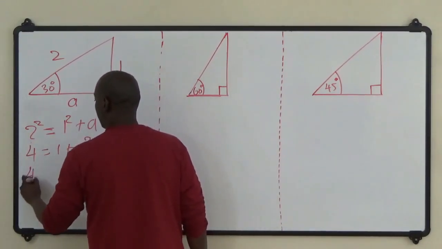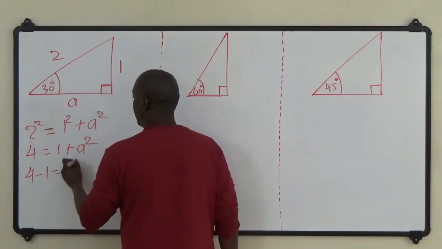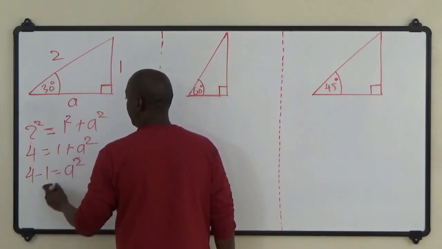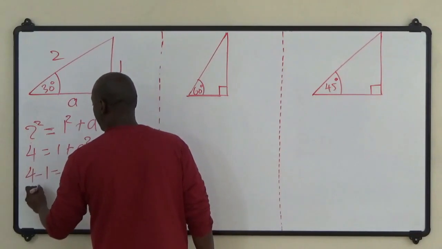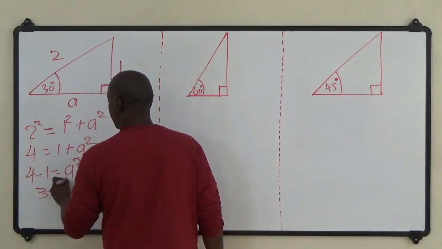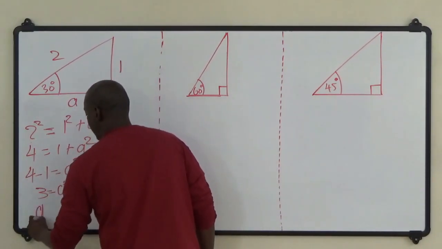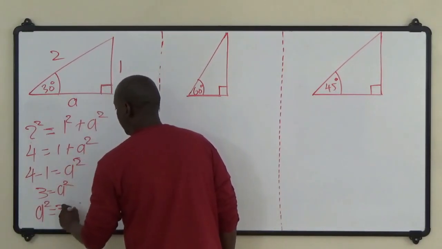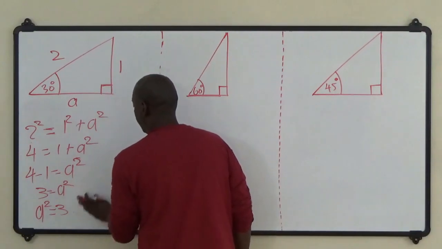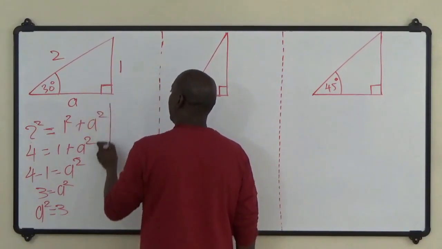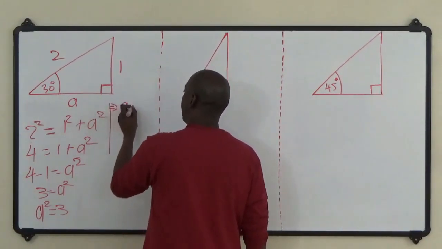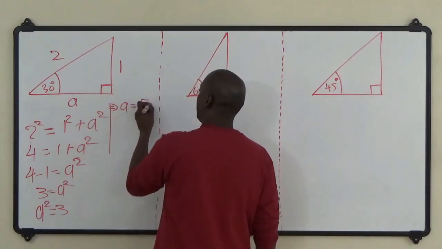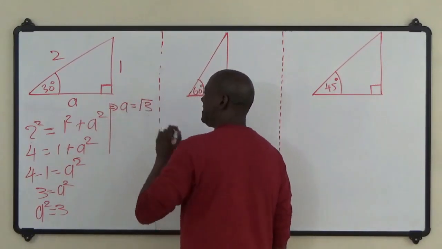So 4 minus 1 is equal to a squared. So 3 is equal to a squared, which is to say that a squared is equal to 3. Therefore, a is equal to root 3. So we write it in surd form.